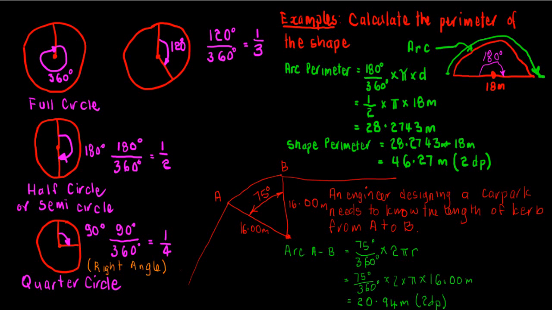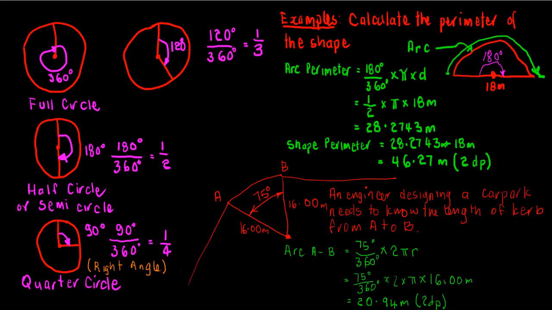And for the trickier word problem, an engineer designing a car park needs to know the length of curb from A to B. So this might be a bit of curb and channel, so he needs to know how long that's going to be. Shown there is an angle at the centre of the 2 radiuses of 75 degrees. So the arc A to B equals 75 degrees over 360.